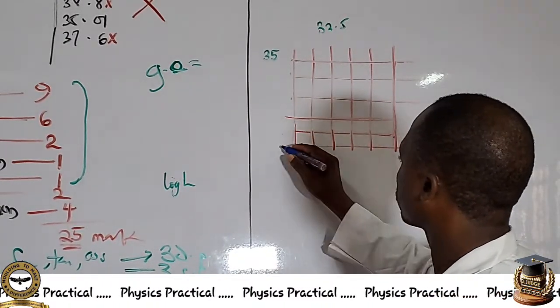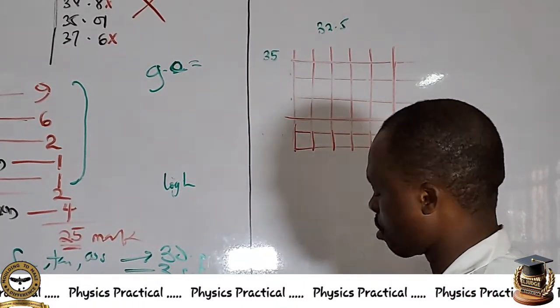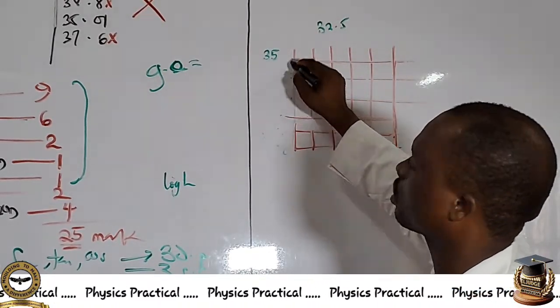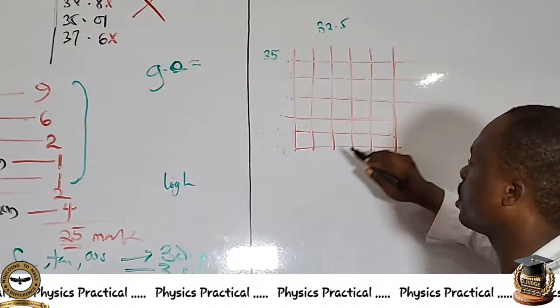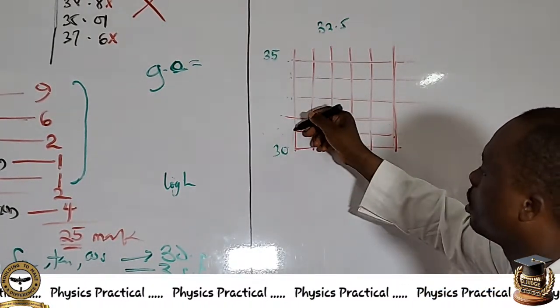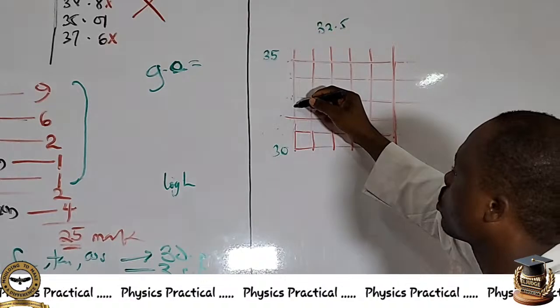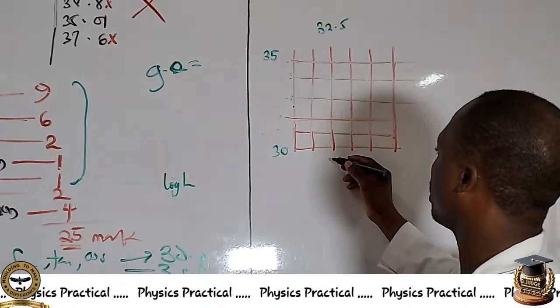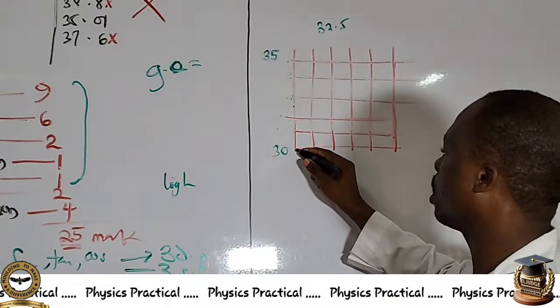So this is 30 here. So this is 31, 32, 33, 34, 35. So in this case, we have 31, 32, 33. 32.5 is here.